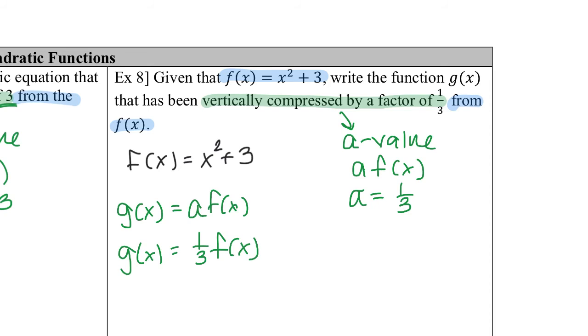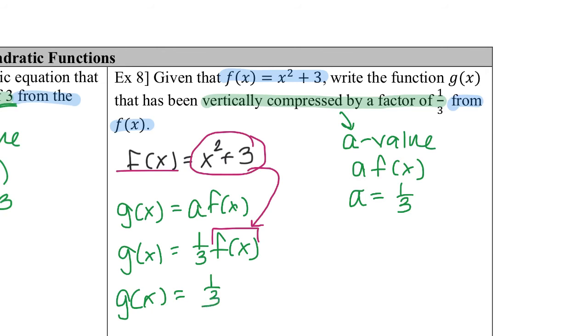And so now we're going to replace this f of x. Well, here's f of x. So x squared plus 3 is the old function. So that's going to go right here in this f of x spot. So we're going to have g of x equals 1/3 times everything, all of this, x squared plus 3.